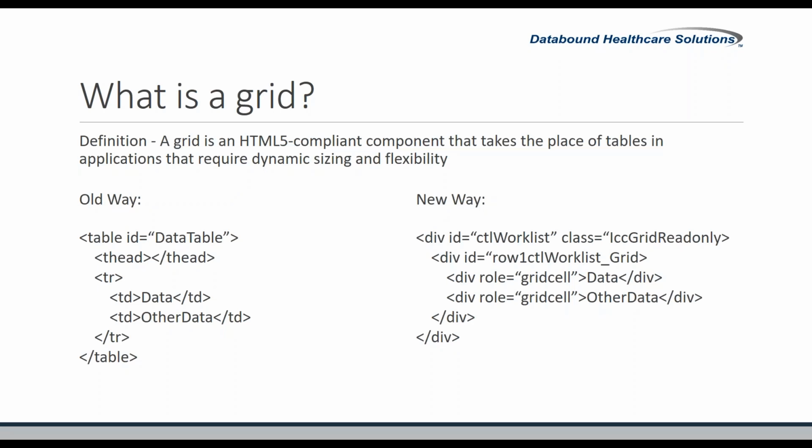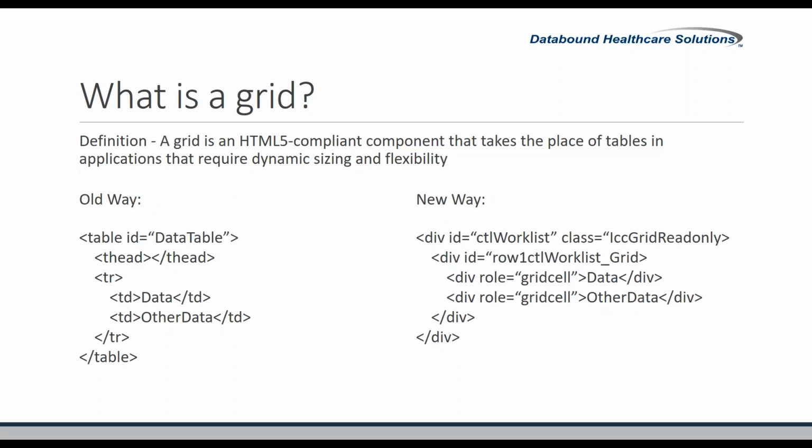So this is the way it would look before. In the old way, you might see a table with rows and cells inside of it, with an ID of something like data table. Now, on the right-hand side, they're all divs. You've probably seen divs before when working in scripting with Saurian, but these have more structure to them.